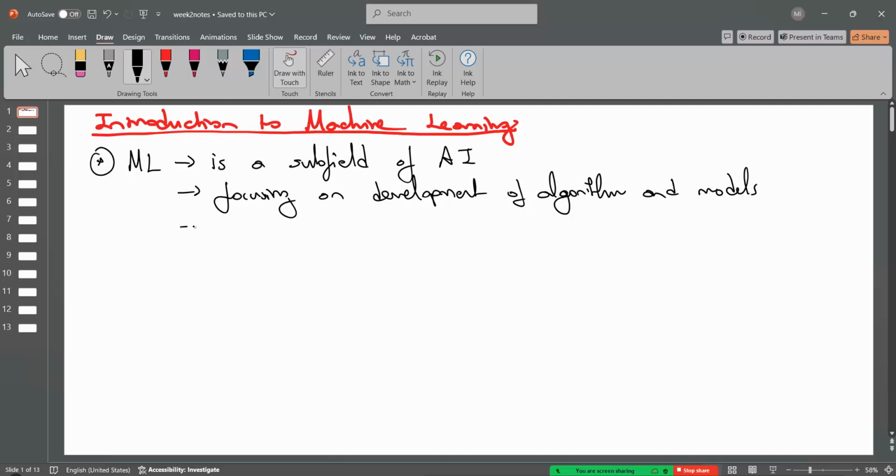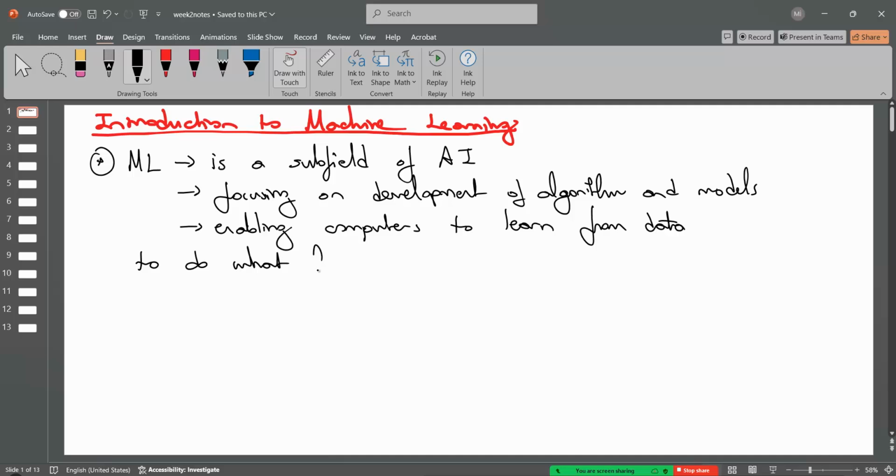Okay, and also it enables computers to learn from data.